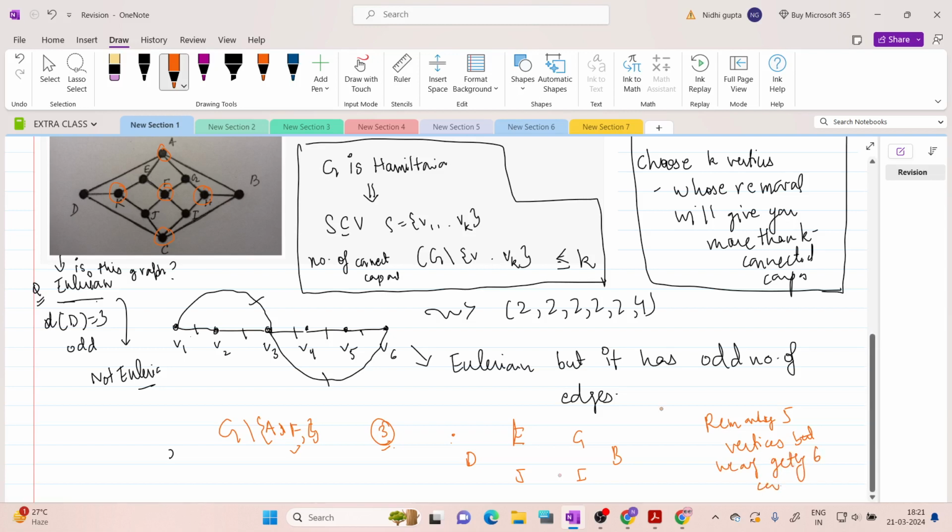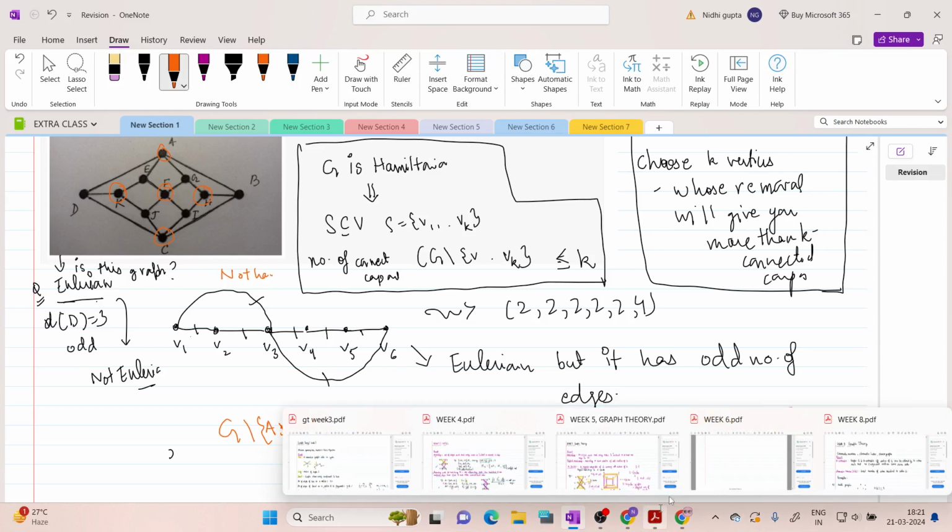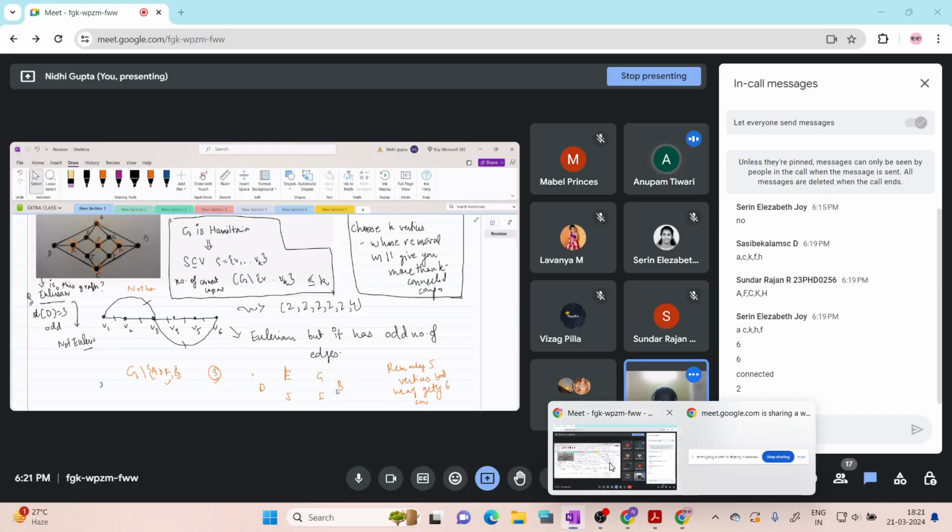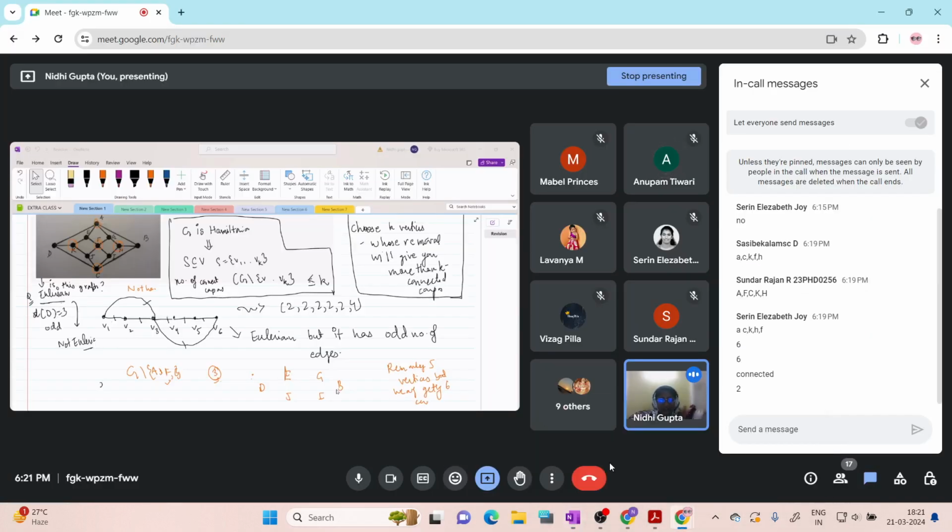Therefore, this graph cannot be Hamiltonian. So is it clear to everyone?